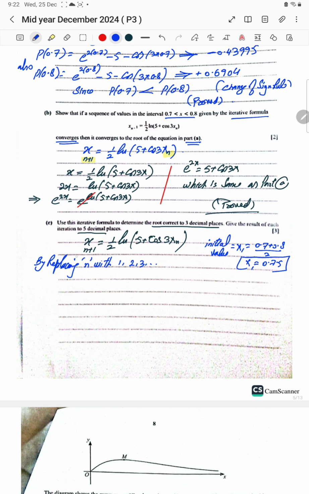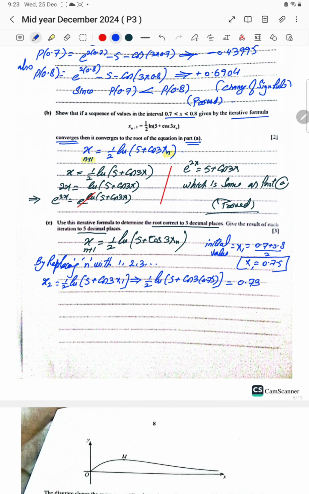When we replace n with 1, we get x2 equal to 1 by 2 natural log of 5 plus cos of 3x1, and that gives 1 by 2 natural log of 5 plus cos of 3 times 0.75, and I will get the answer with the calculator, keeping in mind that the mode of the calculator must be in radian, because cos of 3 times 0.75 should be in radian.